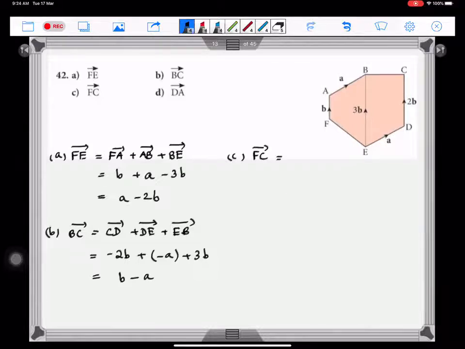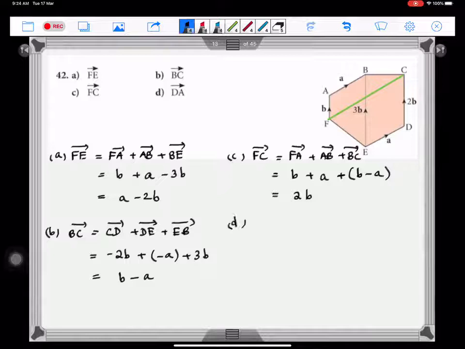FC is like this. This is not parallel. This is equal to FA plus AB plus BC. FA is B, AB is A, BC is B minus A, A cancels, that comes out to be 2B.